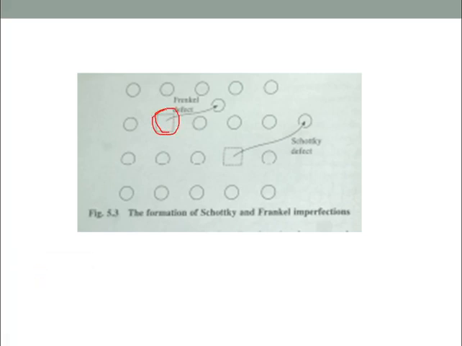Here the atom is migrated from this position to the interstitial position, that is the Frenkel defect. But in the Schottky defect the atom is migrated from the regular lattice sites to the surface of the crystal. In the Frenkel defect, it is in the interstitial position. That is the difference.